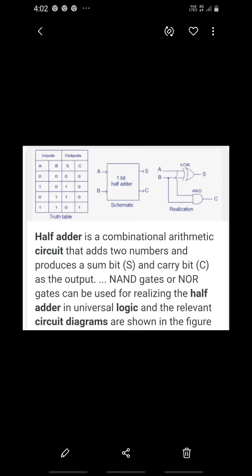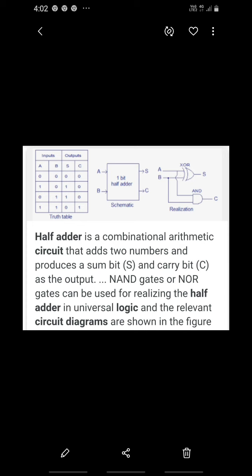So here sum of 0 plus 0 is 0, carry is 0; again 0 plus 1 is 1, carry is 0; and 1 plus 0 is 1, carry is 0; and 1 plus 1, sum is 0 and carry is 1.